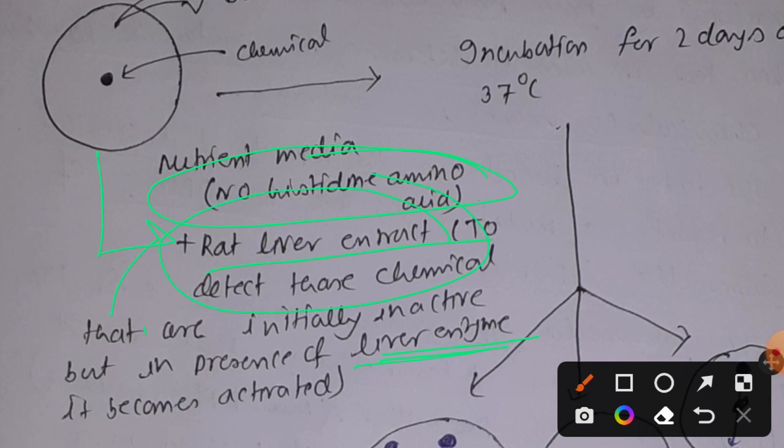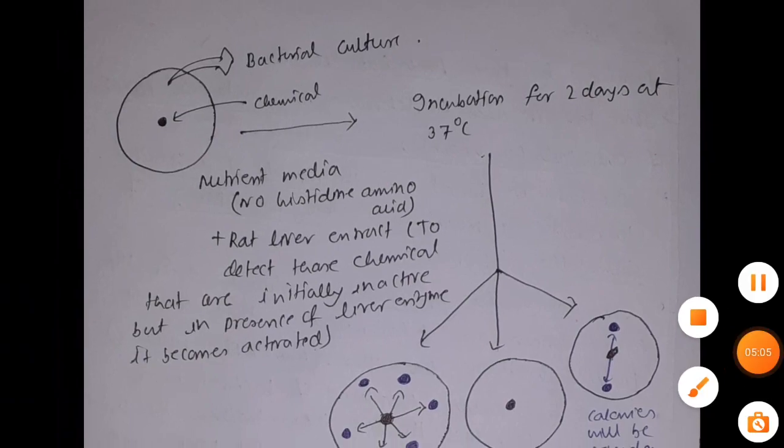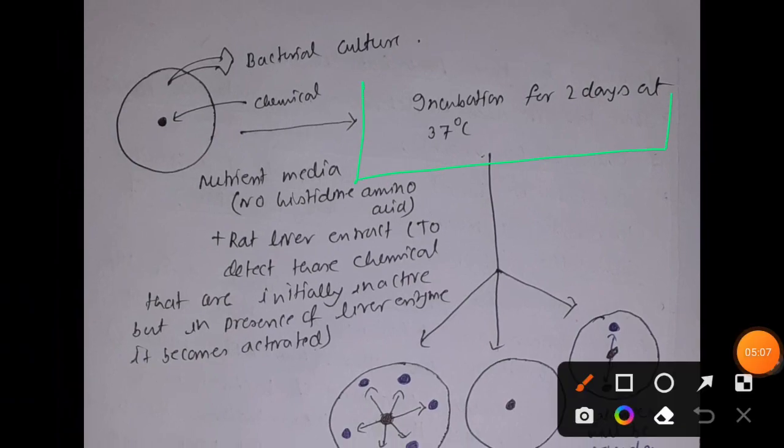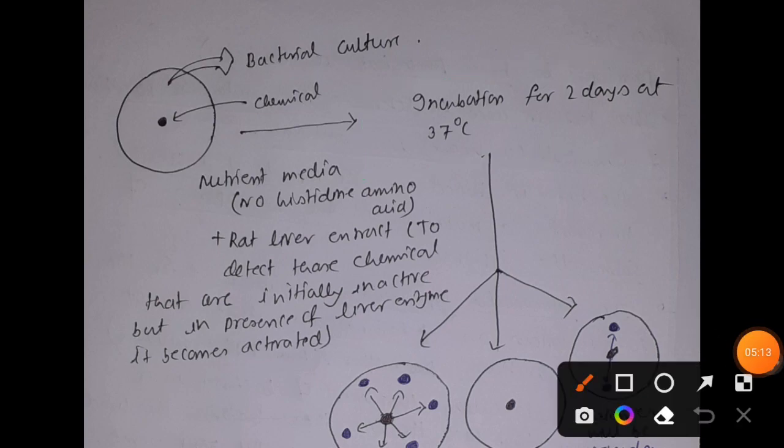That will create the condition where these chemicals can become activated. So that is the concept of why we are using rat liver extract. Then we will incubate them for at least 2 days at 37 degrees centigrade. I just said 24 hours, but it is 48 hours, sorry for that.